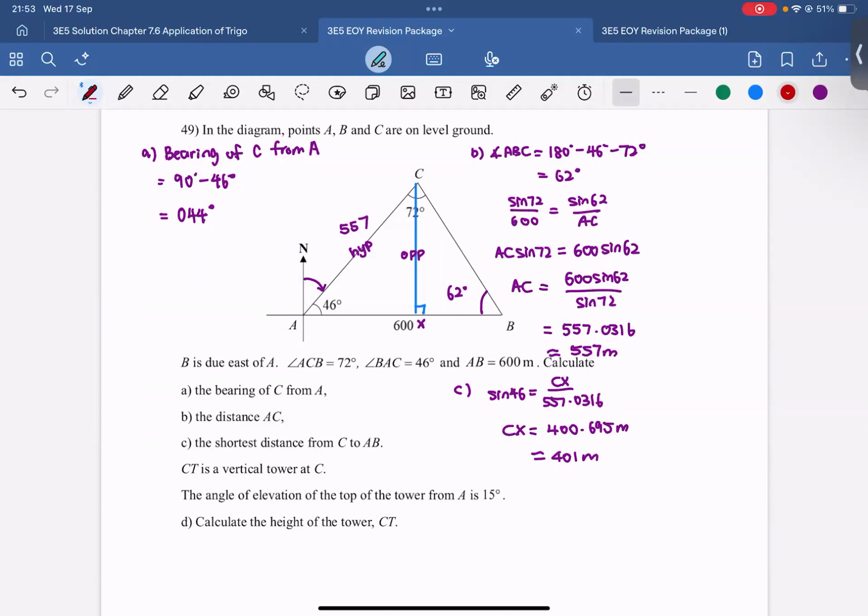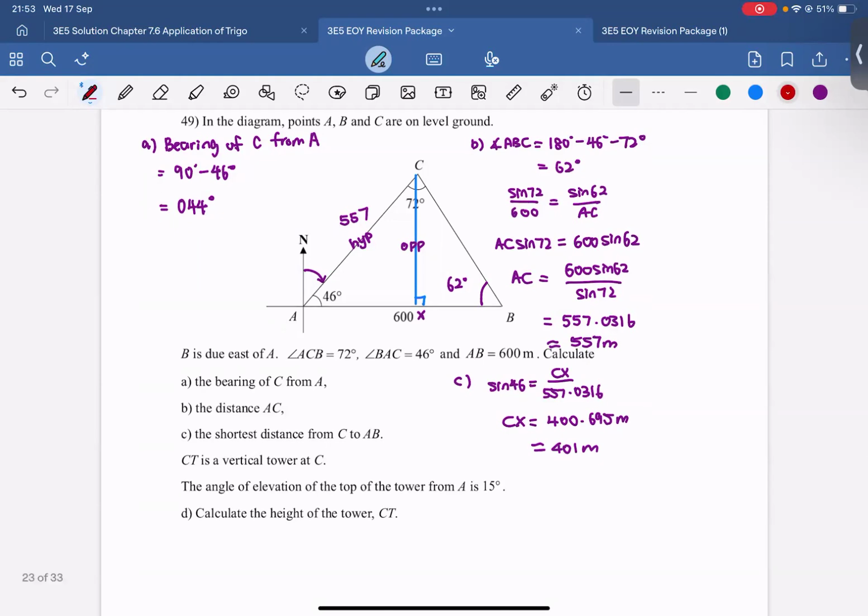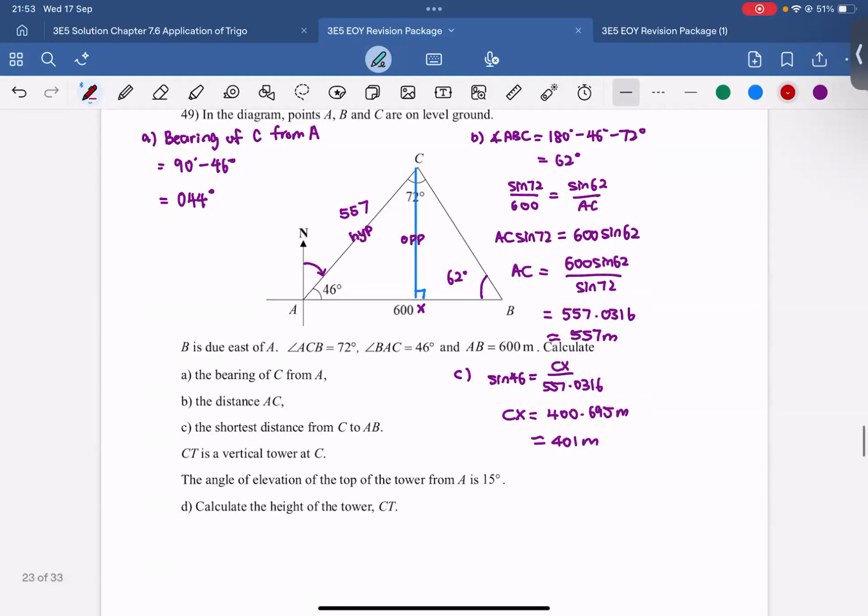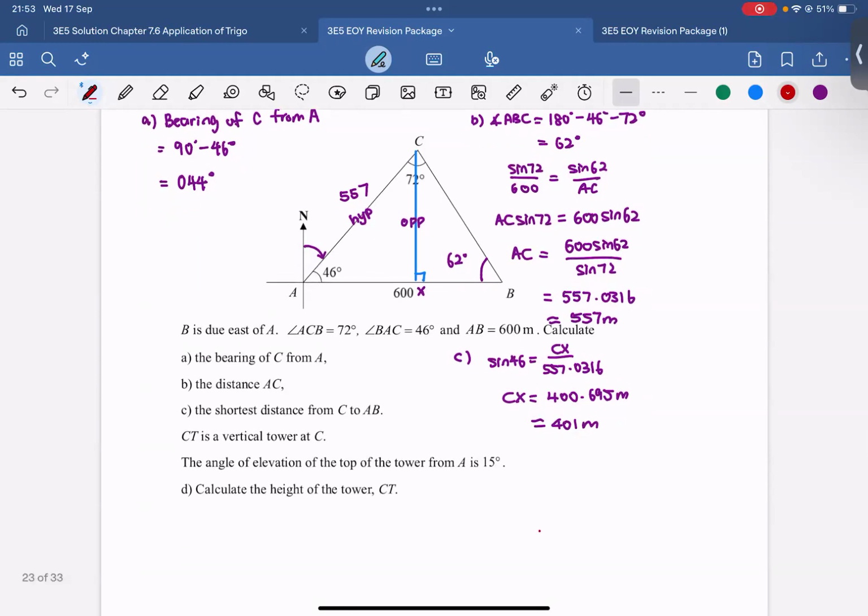Next. CT is a vertical tower at C. The angle of elevation from A is 15 degree. Find the height of CT. So now we see from the side view. Okay, so C is here, A is here, the tower is here. This point is T. Then the angle of elevation is 15. Remember, we always draw here, we don't draw the top one. So what is CA? CA is 557.0316.